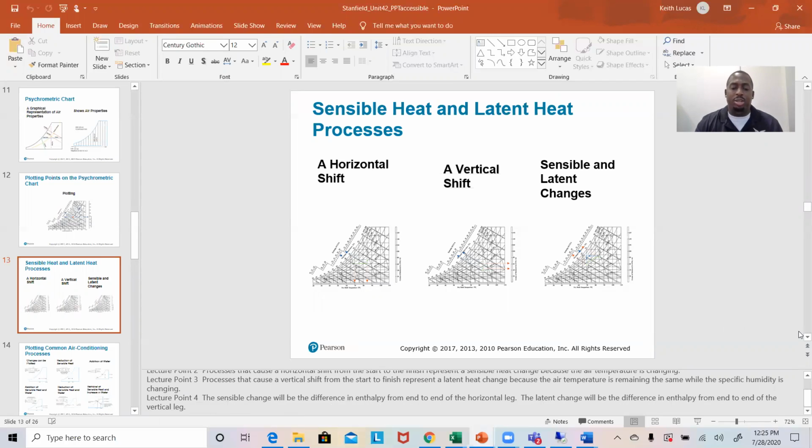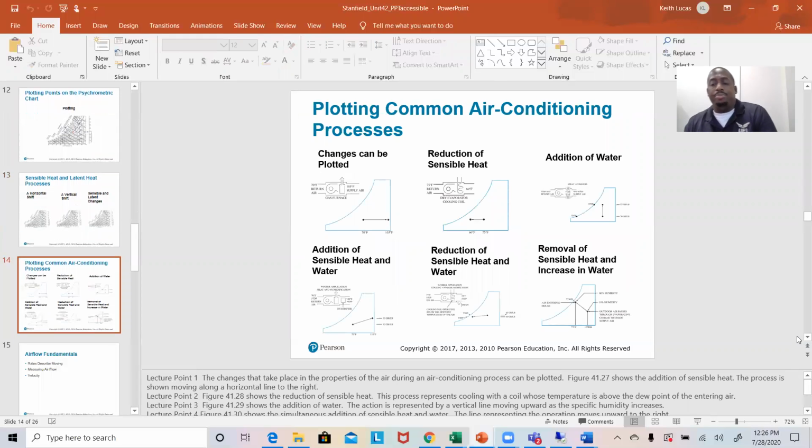And that's because no matter how high you go up the chart on whatever given temperature, the temperature is plotted out horizontally. Let's say you're at 90, but you shoot way up the chart from some other property. That 90 line is still 90 all the way down. You don't go up to 91 unless you're going horizontal. So horizontal changes represent sensible changes, and vertical changes represent latent changes.